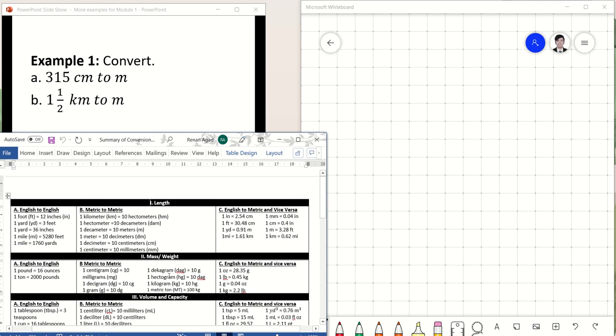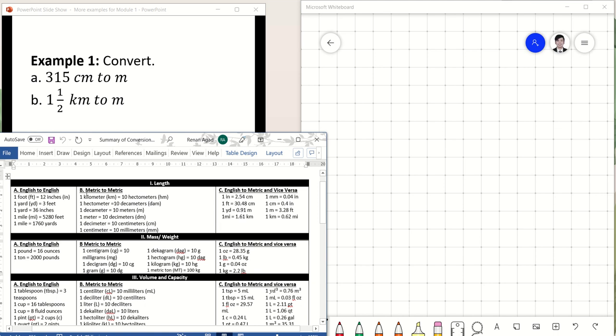In our case here, we are dealing with length. Then you have to identify the system where it belongs. cm and meters both belong to metric. So your attention must be only under length, and metric to metric.